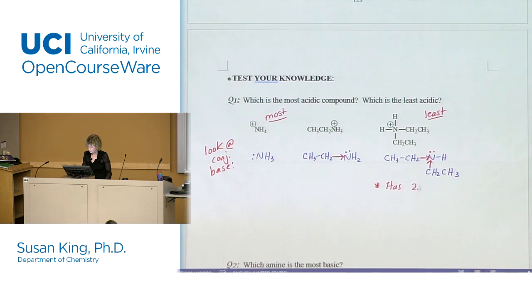So this one has 2 electron donating ethyls. This one has 1 electron donating ethyl. So the 1 electron donating ethyl makes nitrogen more electron rich than ammonia. This one has 2 electron donating ethyls, so therefore it's going to be even more electron rich.